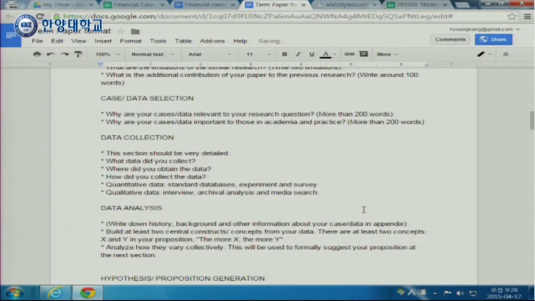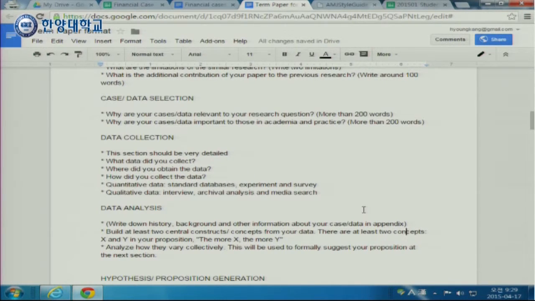So, how to do inductive research? How to find the general pattern out of your data? This is the way. First, you have to build at least two central constructs, or actually concepts. There should be at least two important concepts from your data.